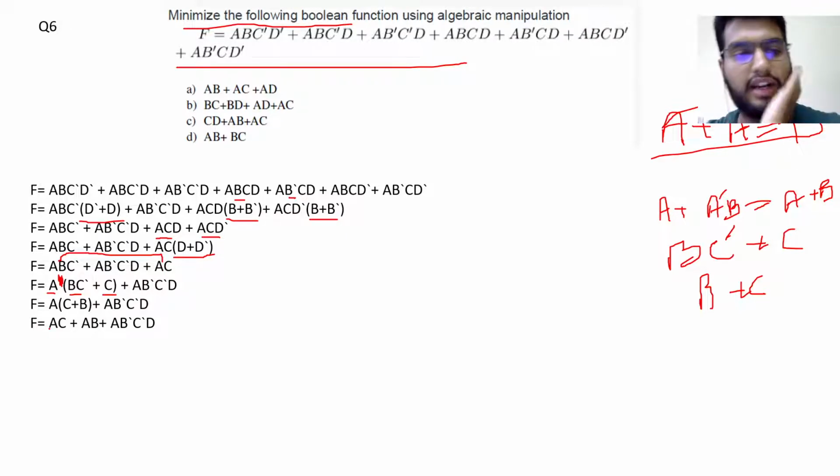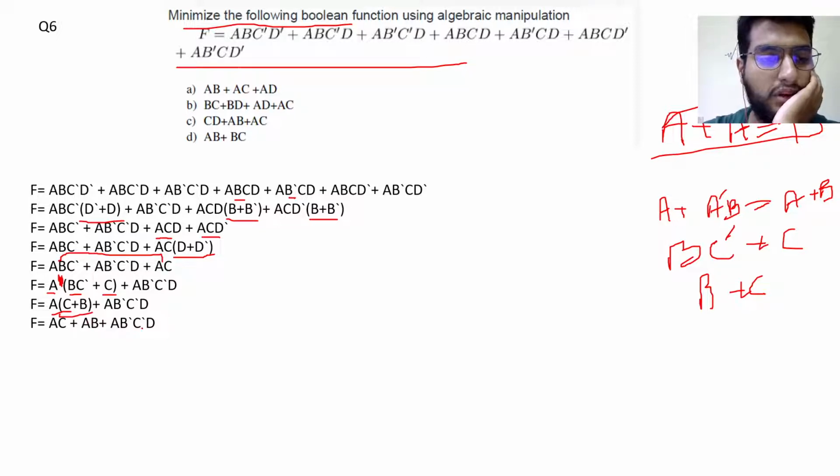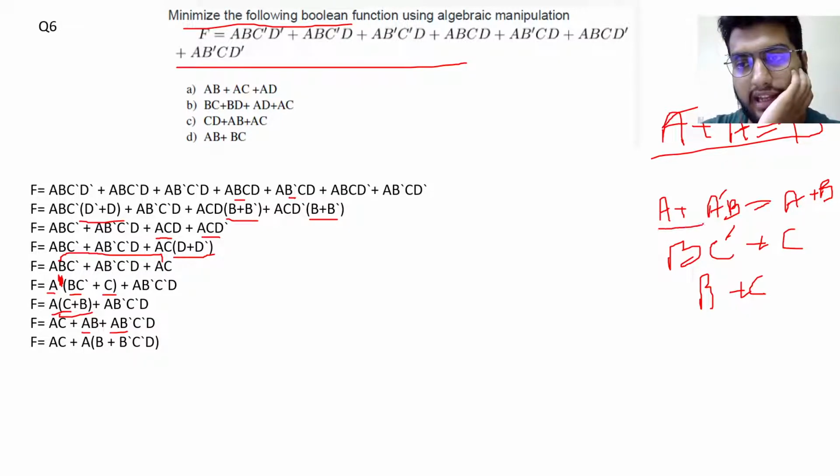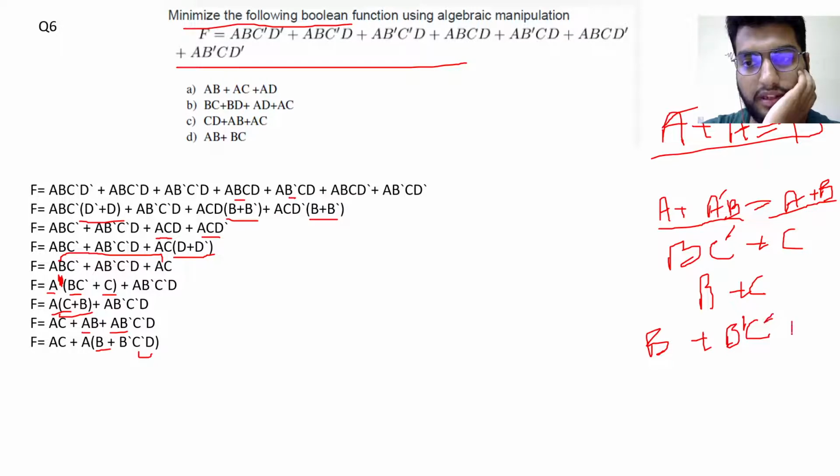So then I can write it as F equal to AC, adding these two and these two, plus AB plus AB complement C complement D. Now I take out A common between these two, and what I get is AC plus A times B plus B complement C complement D. So one thing here is, now take this formula again, A plus A complement B is equal to A plus B, but here A is equal to B and B is equal to C complement D. So when I write this expression B plus B complement C complement D, I am considering this as A and this as B with respect to this expression.